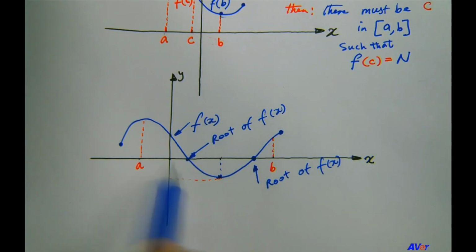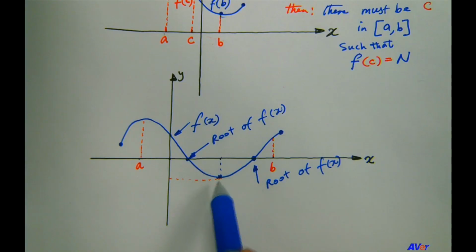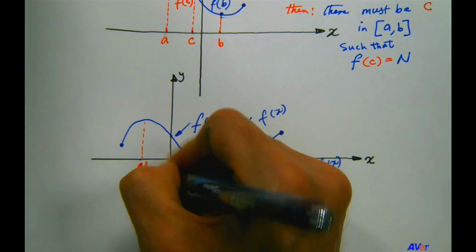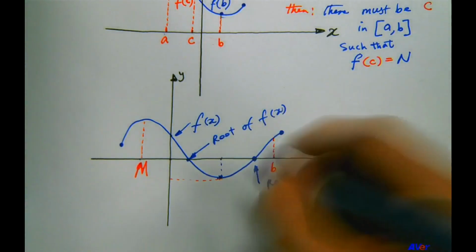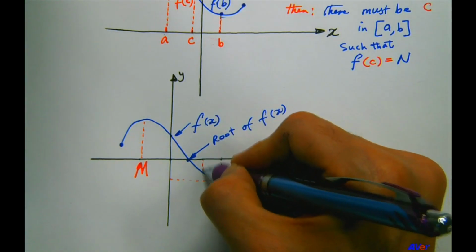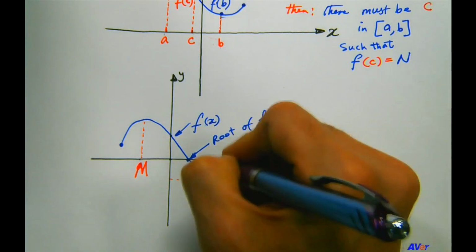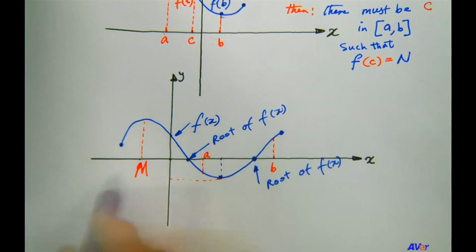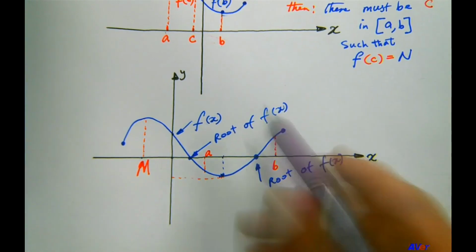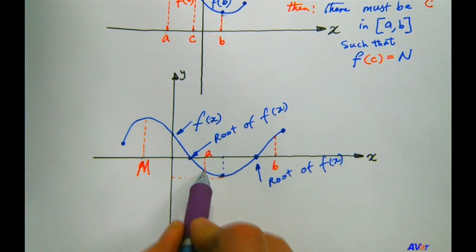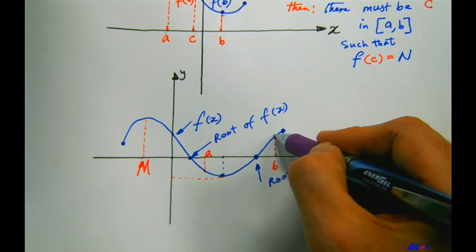maybe I should have called this, let me call this M for the sake of clarity, and let me pick this value at A. Okay, so that would be A. And the reason I made this switch is to show that at A this function has a negative value, but at B it has a positive value.